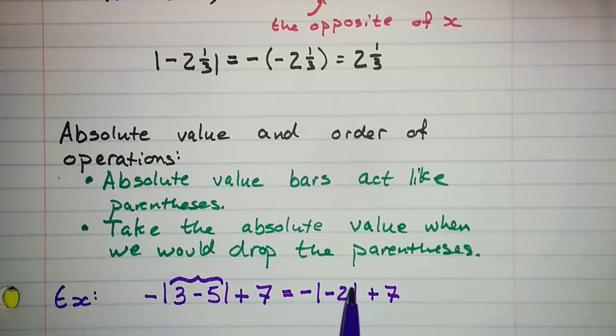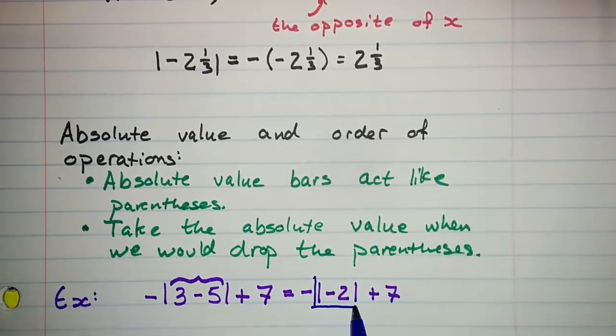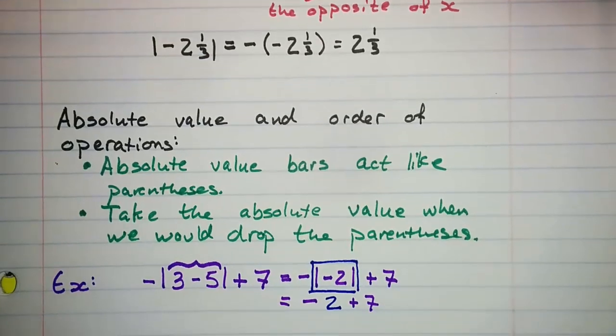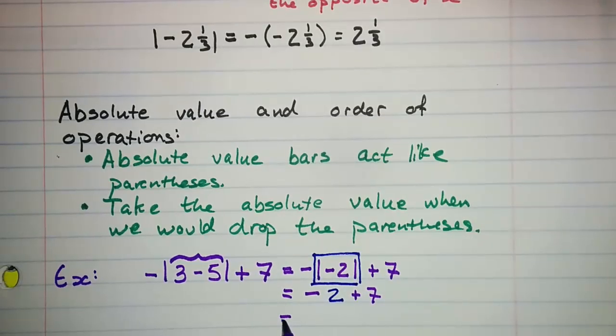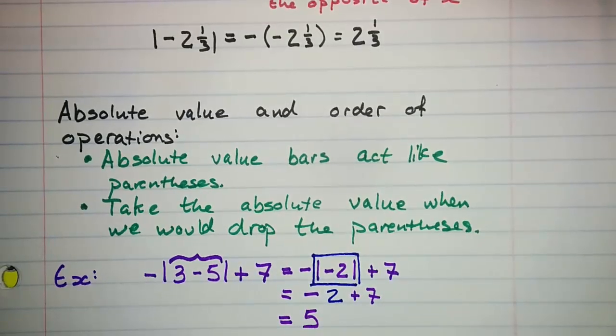Right, so now we've done all of the arithmetic inside the absolute value. Now, we compute the absolute value. The absolute value of -2 is 2. And we copy the whole rest of the problem. And so now we can see we have -2 plus 7, which is 5.